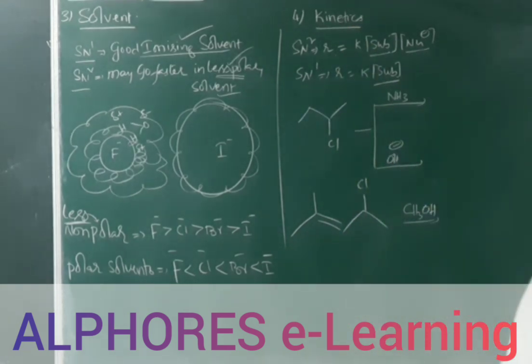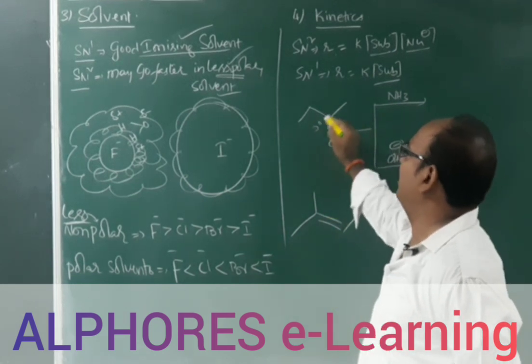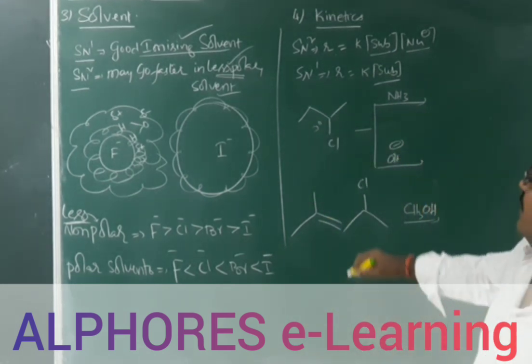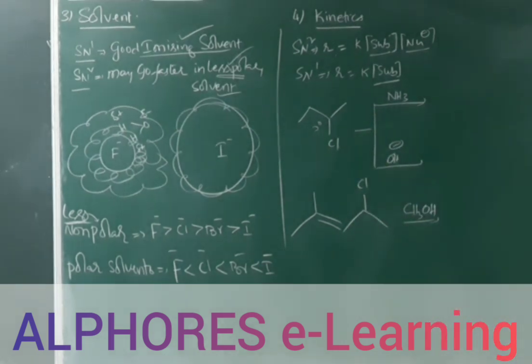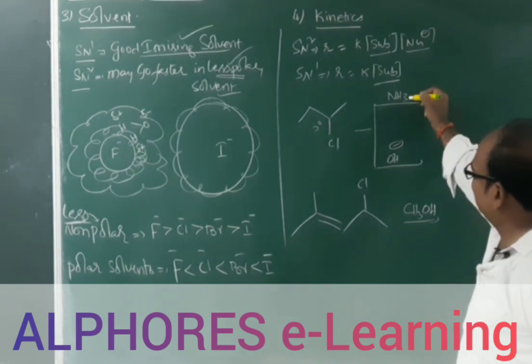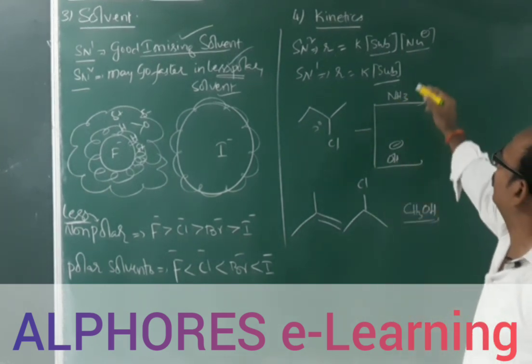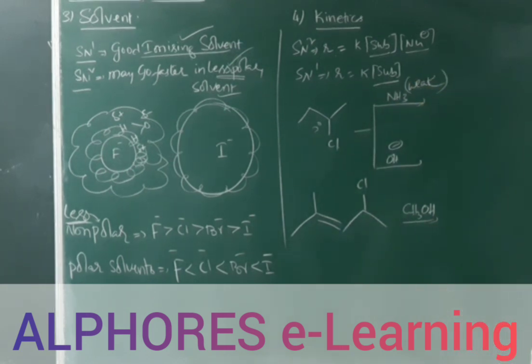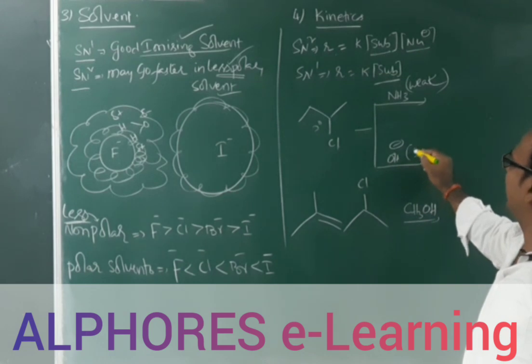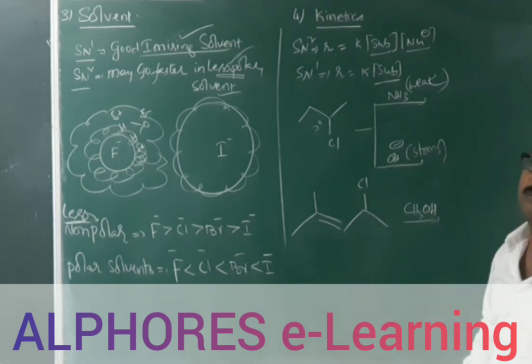Now what about secondary? I am going to consider a secondary halide, 2-chlorobutane, that is, secondary butyl chloride. When we use NH3, it is a neutral molecule and a weak nucleophile. With OH minus, it is a strong nucleophile.